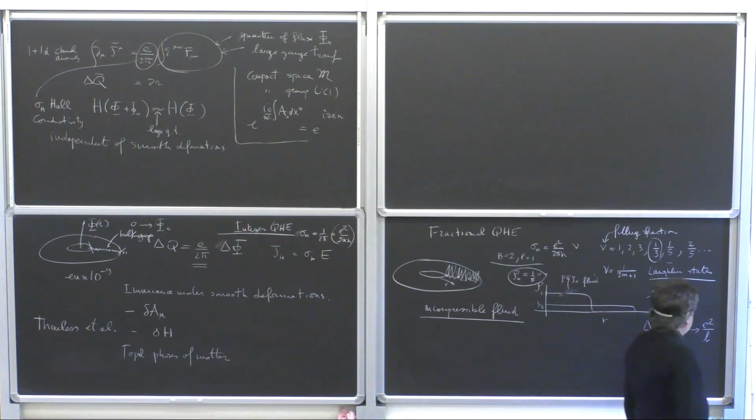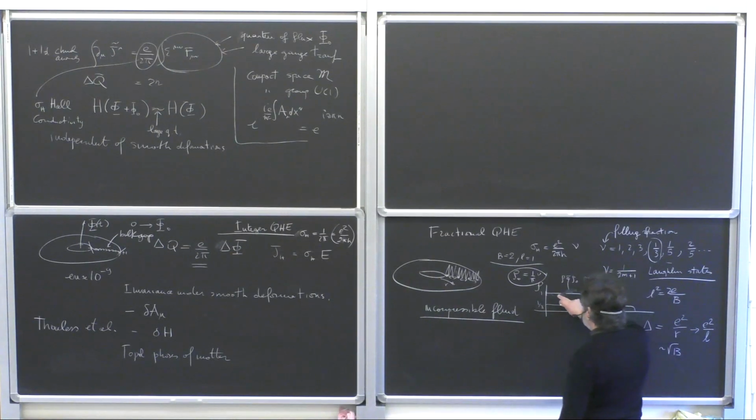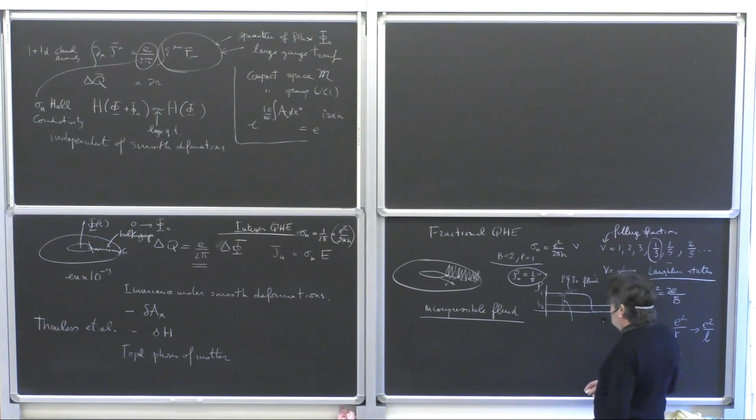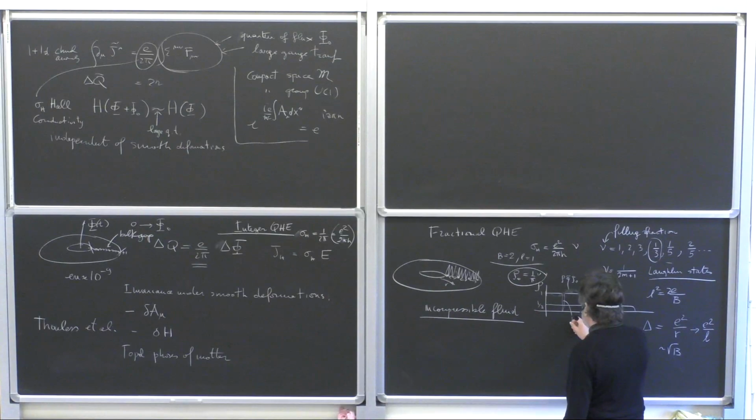Okay, and then you say, what is an excitation in this fluid? Well, let's think in analogy with the integer case. You remove an electron from here, and so you make a small hole here. And this small hole, because you remove the electron, has a gap and has charge Q equal to 1 with respect to the ground state.